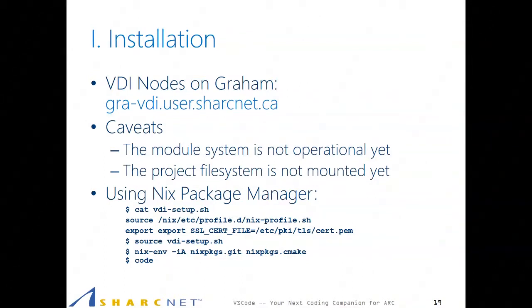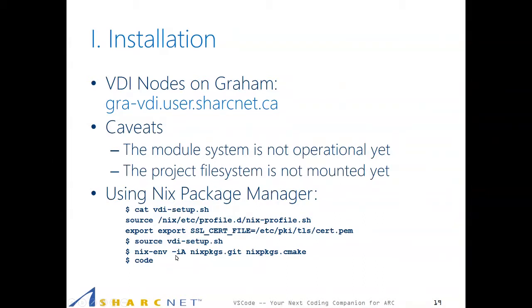There is one more export which is a typo here that I should remove, but one export is enough here. After that, you can source vdi-setup.sh, and when it's there, then you can run the Nix commands.